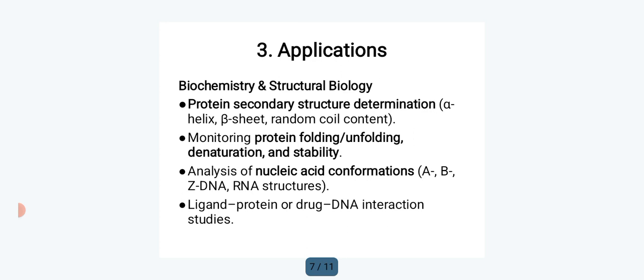The protein has four levels: primary, secondary, tertiary, and quaternary structure. Here we can use it for protein secondary structure determination, especially alpha helix, beta sheet, and random coil content. We can also monitor folding and unfolding, denaturation or renaturation, and stability.